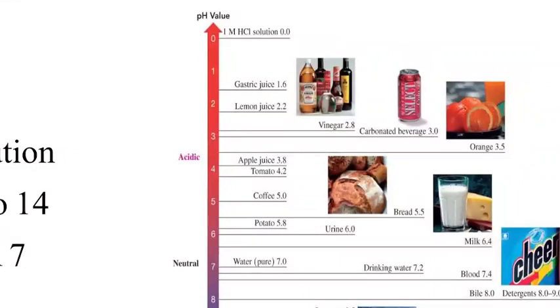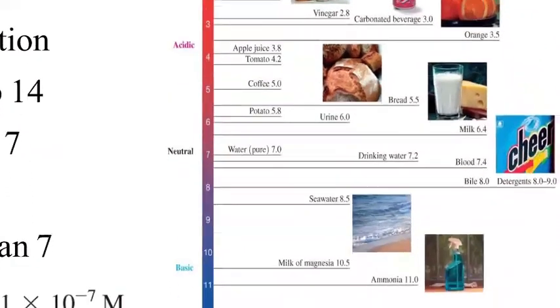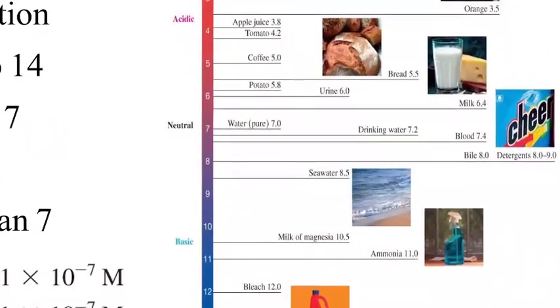When it comes to things that are neutral, we know that purified water has a pH of 7. Now, drinking water, because it has a pH of 7.2, is slightly basic, okay? Even our blood has a particular pH.